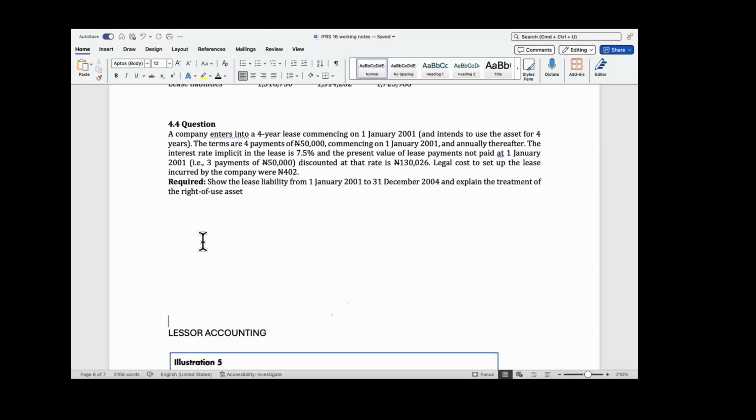Legal costs to set up the lease incurred by the company were 402 naira. Required: show the lease liability from 1st of January 2001 to 31st December 2004 and explain the treatment of the right of use assets.